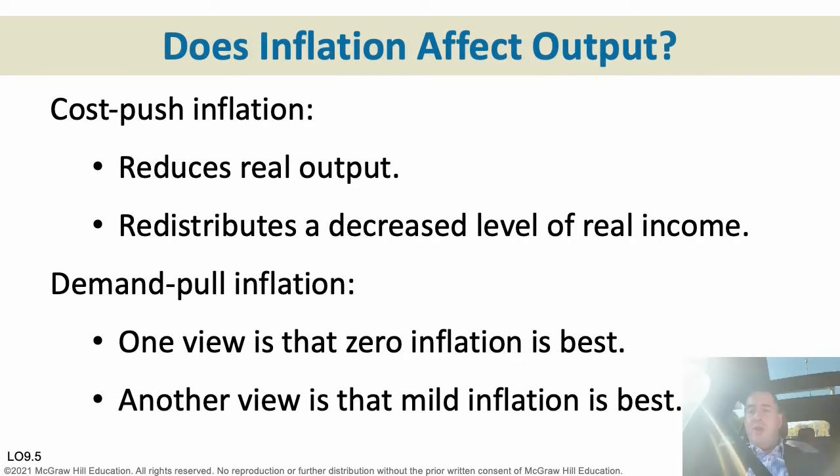Cost push inflation, where resource prices unexpectedly rise, could cause both output and employment to decline. Real income then falls. A mild inflation, less than 3%, has uncertain effects. It may be a healthy byproduct of a prospering economy, or it may have an undesirable impact on the real economy. You really don't know.